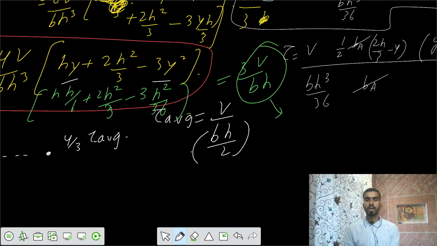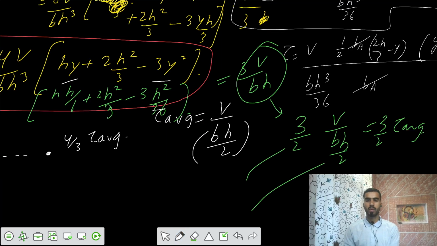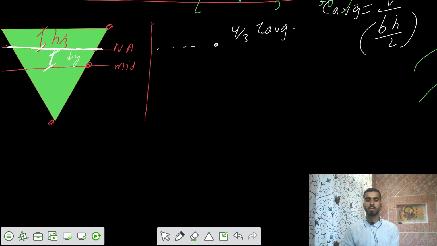In terms of average, I would write 3 by 2 V by bh by 2. So we got a value of 3 by 2 times tau average, that is 1.5. If the first is 1.33, the second one is 1.5 tau average.